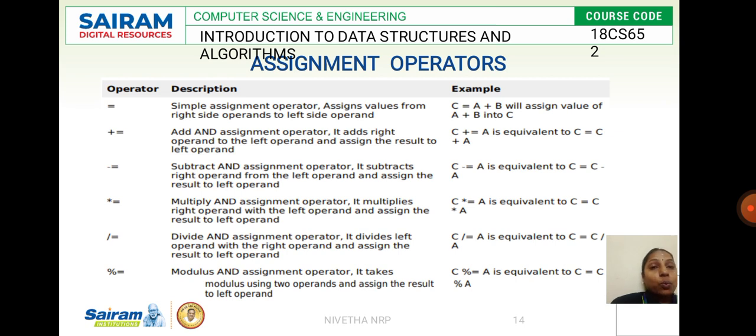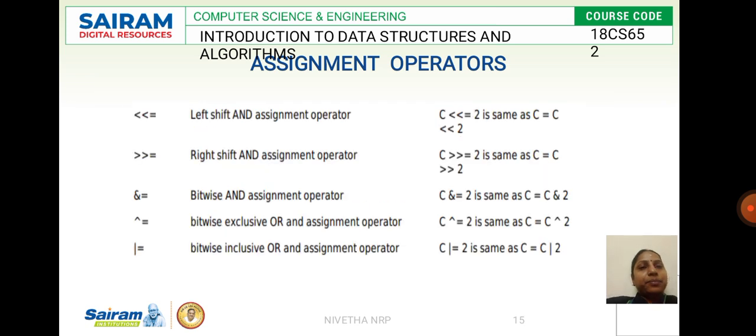Division equal to is going to divide and assign. Here equal to is divide the value and assign. Plus is going to add the value and assign. And modulo division finds the modulo and assigns that value to the other variable. This is the assignment operator you use in C.